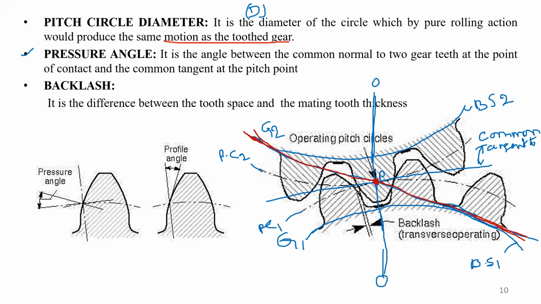The angle between these two lines is called the pressure angle phi. This is the tangent to the base circles of gear 2 and gear 1, and this is the common tangent at the pitch circle. So this angle is called the pressure angle.